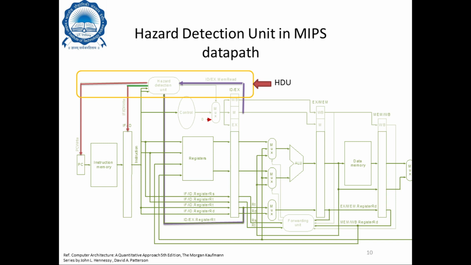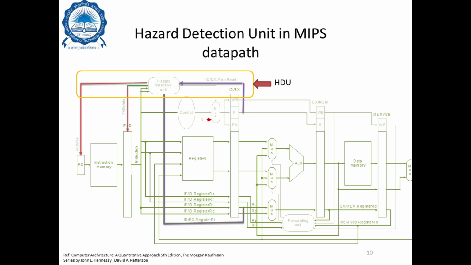Provided that these registers are preserved, the instruction in the IF stage will continue to be read using the same PC, and the registers in the ID stage will continue to be read using the same instruction fields in the IF/ID pipeline register. So if you don't change the value of the PC and IF/ID, then you are able to read the information from the same place.